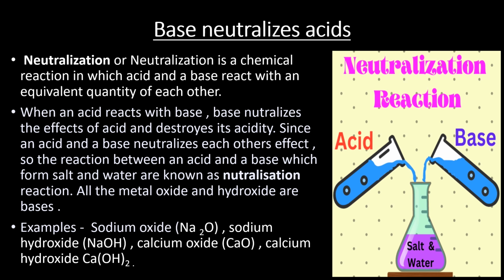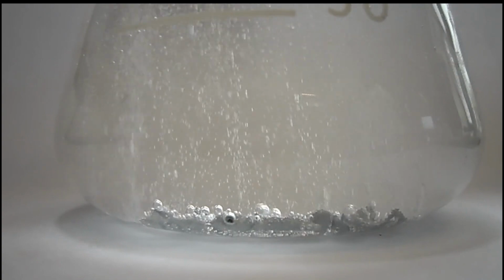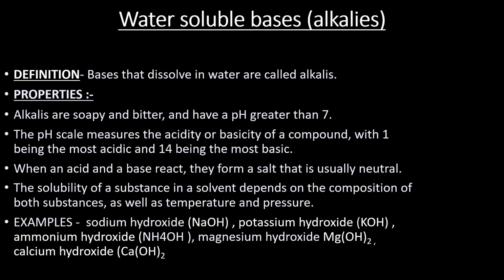Now next is, what are water soluble bases? Bases that dissolve in water are called alkalis. Means bases is a general name, and a category or a group or a class of bases, those that dissolve in water, they have a special name that is known as alkalis.